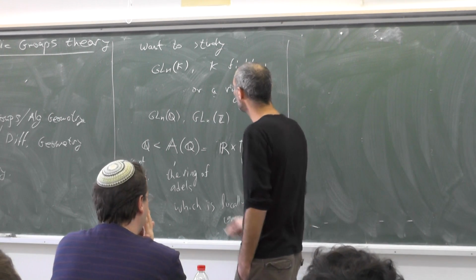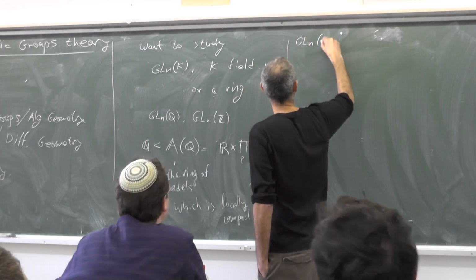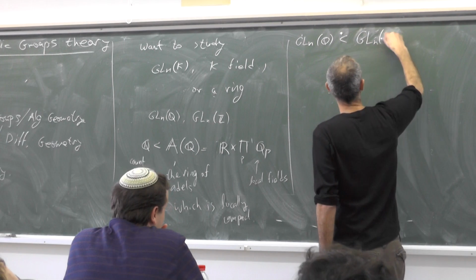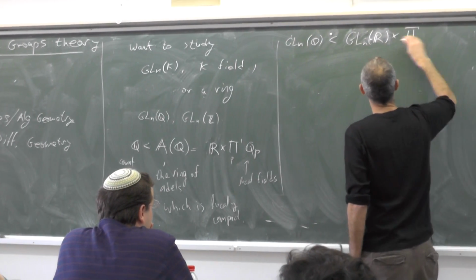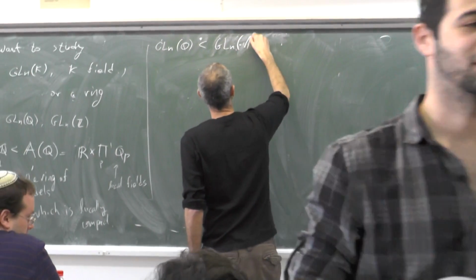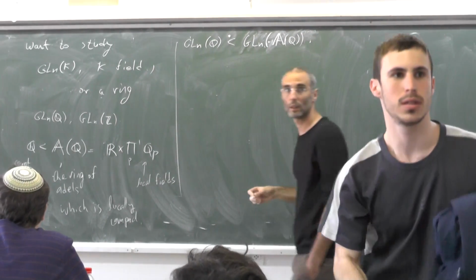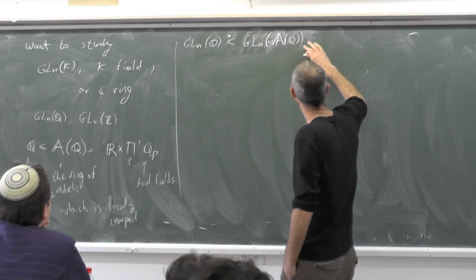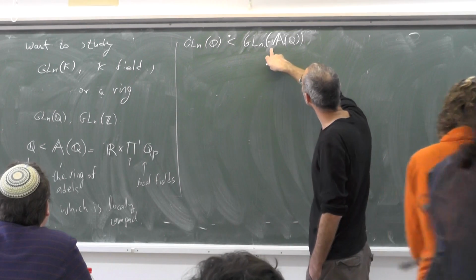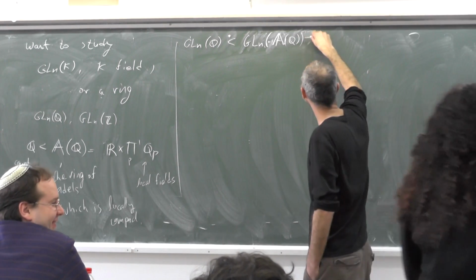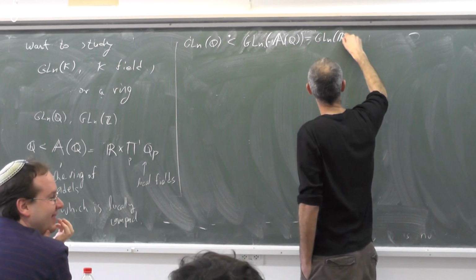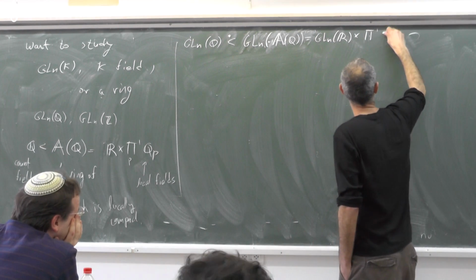So when we study such a guy like GL_n(Q), every time we embed it into the product, we get a linear group over a ring, and I can understand this group because basically it is a product of linear groups over fields, which I can study.